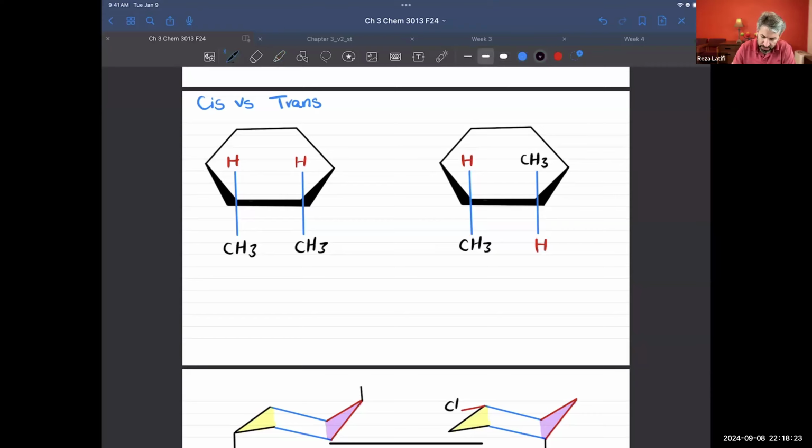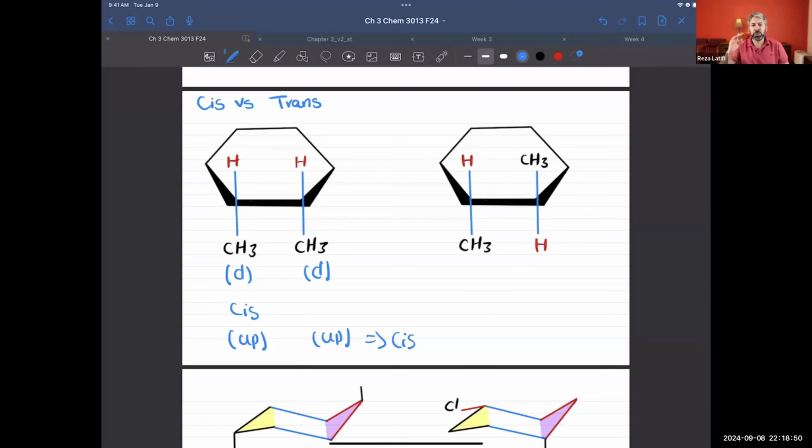For example, in this case, the methyl is pointing down and the second methyl also is pointing down, so these two are in cis conformation. Again, they can be both pointing down or both up. If both are pointing up, that also gives us cis conformation.